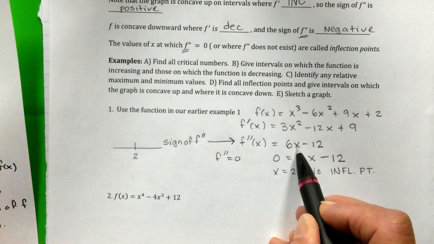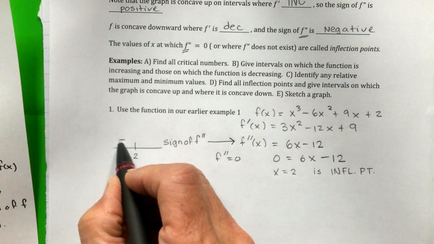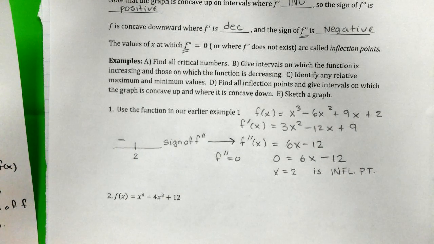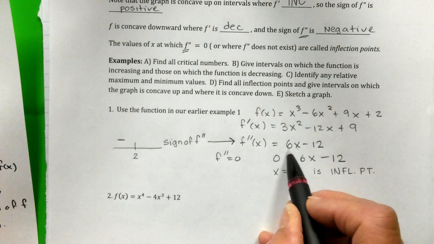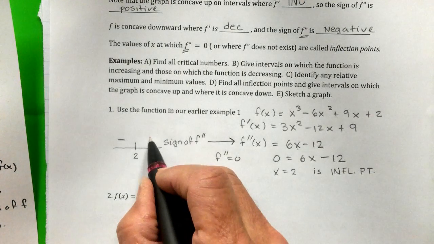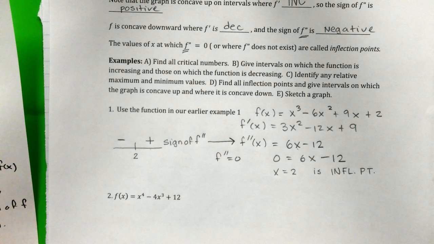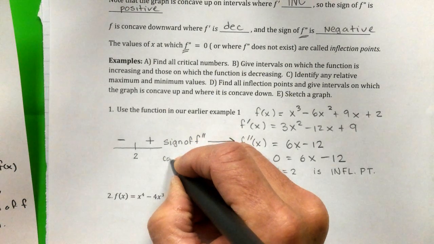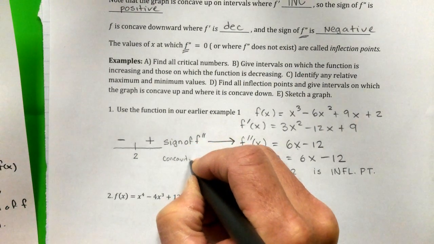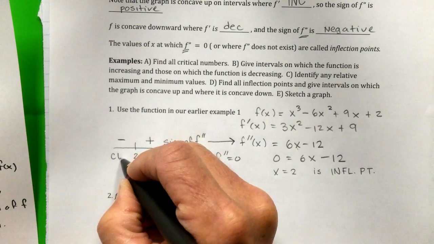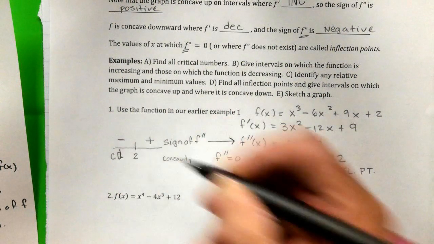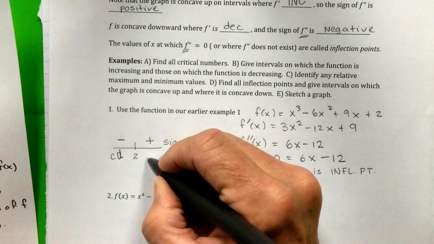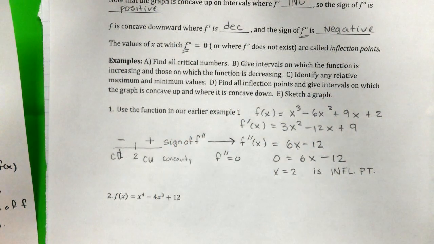If I put a 0 in for x, I get a negative second derivative. If I pick a number bigger than 2 and plug it in for x, like a 3, I get a positive number there, which tells me the concavity. It's concave downward where the second derivative is negative, concave upward where it's positive.